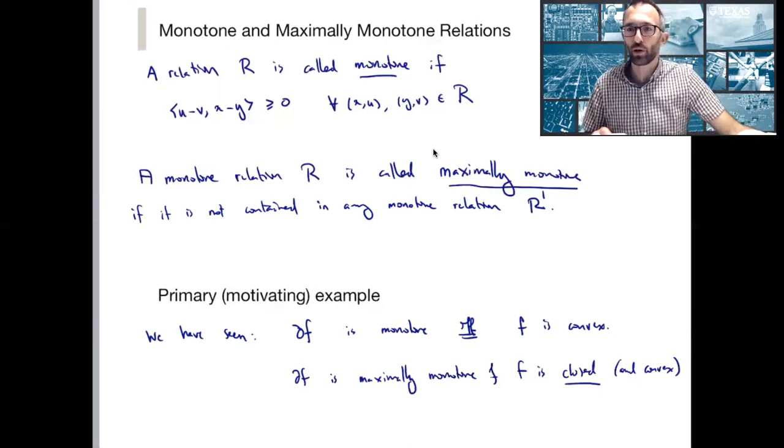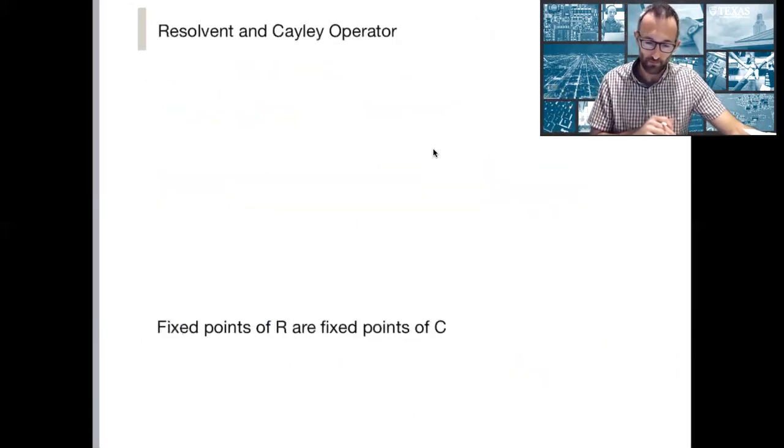So now we know what a relation is. We know the operations that we can exercise on a relation. In particular, the resolvent is going to be very important for us in the sequel, and also what it means for a relation to be monotone and maximally monotone.